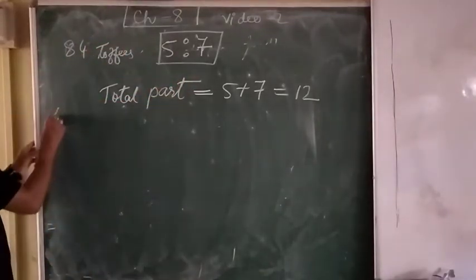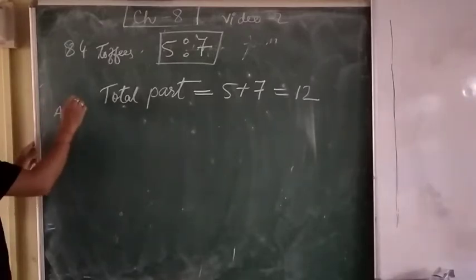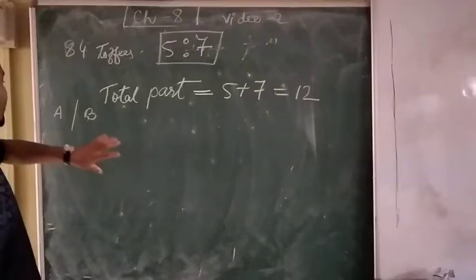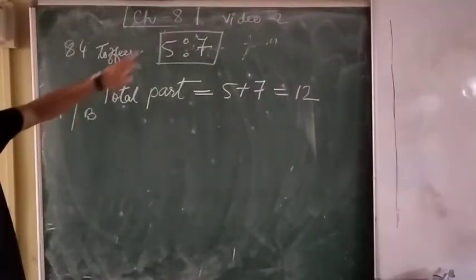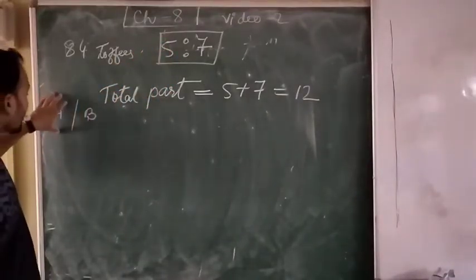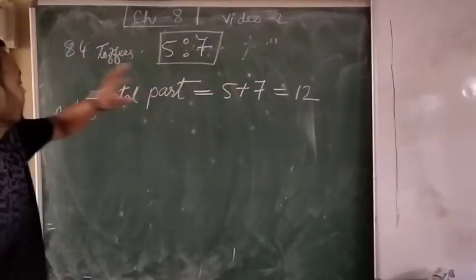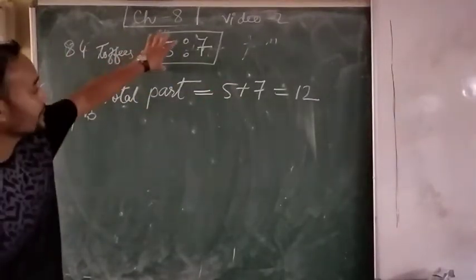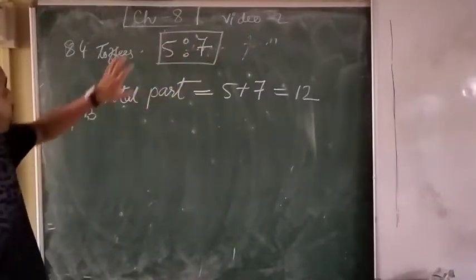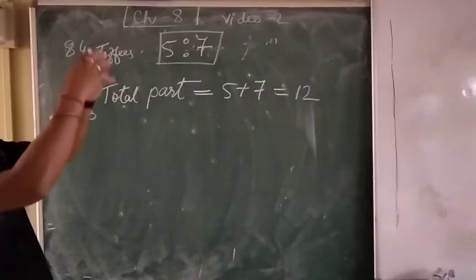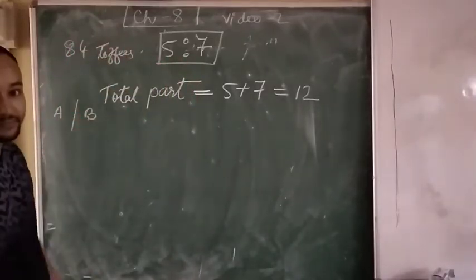Suppose A is the first child, B is the second child. Now see, 5 is to 7 means what? A is going to get 5 parts of 12 and B is going to get 7 parts of 12. And when both the parts are added, we get the total parts.